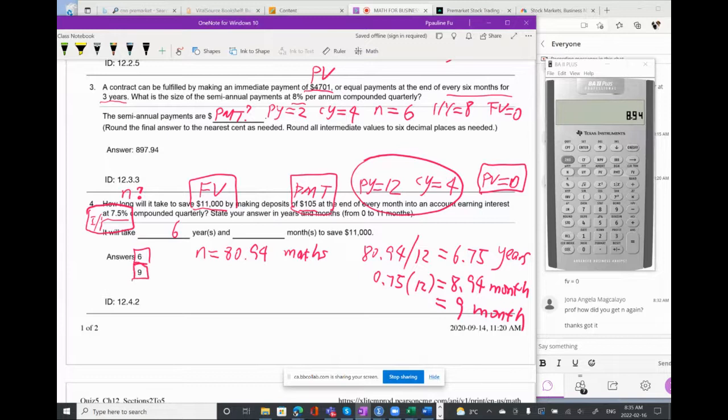This is how you get this one. This is one way to do it. The other way, after you got 6.94, you make this number into 72. Do you agree this is 72 plus 8.94? The unit is months.